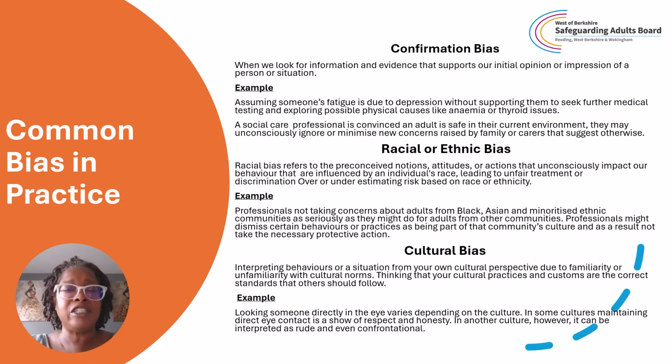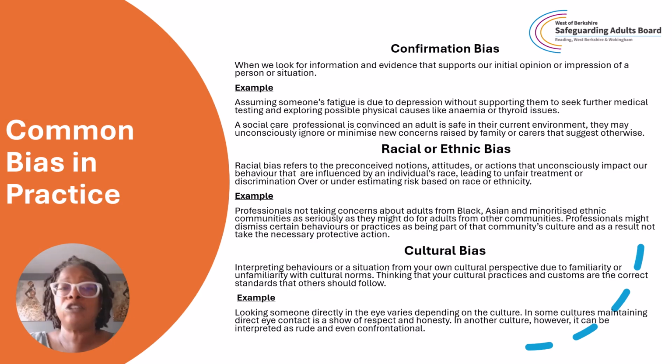So let's have a look at some common biases that we might see in our practice. Confirmation bias. This is when we look for information and evidence that supports our initial opinion or impression of a person or a situation. For example, it could be assuming that someone's fatigue is due to depression without supporting them to seek further medical testing and exploration of possible physical causes like anemia or thyroid issues.